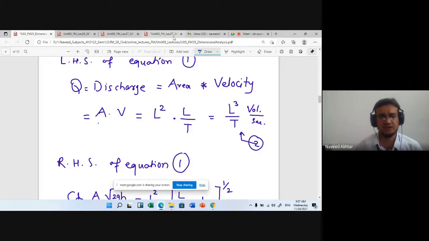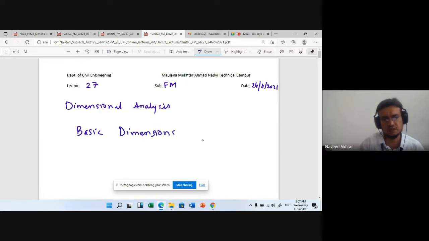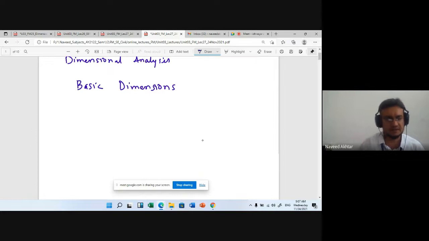Okay. So we know that there are three basic dimensions. That are nothing but mass, we are denoting it M, length we are denoting with L, and time we are denoting by T in terms of dimension.